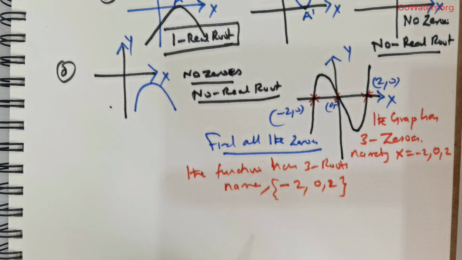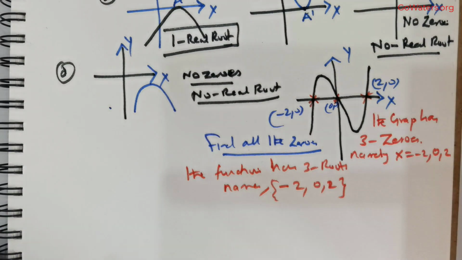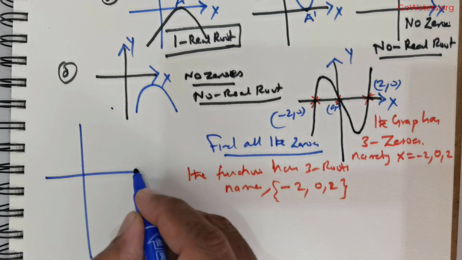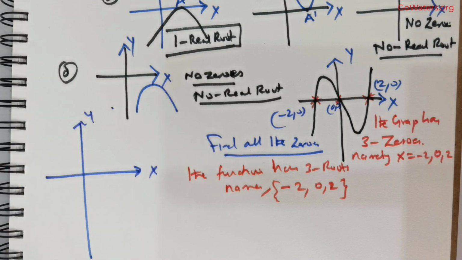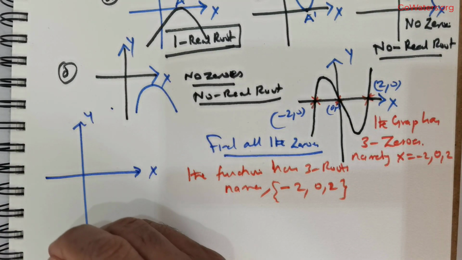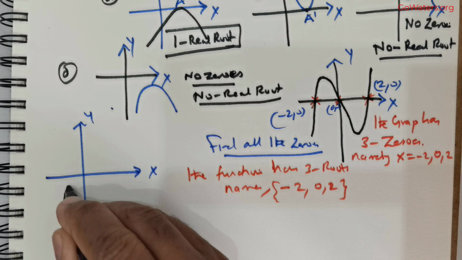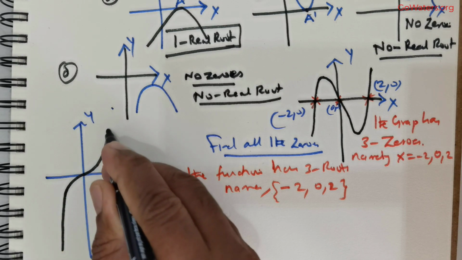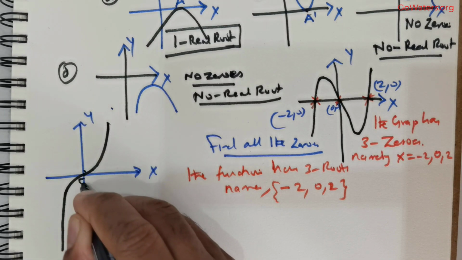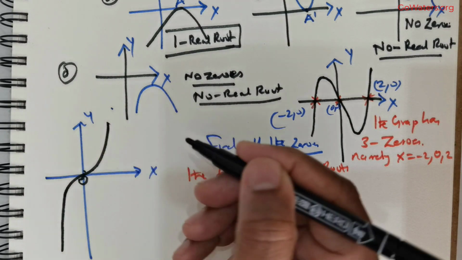So let me move on to another illustration. Suppose we have a graph like this. Let me give you this graph, x and y. The graph comes like this and hits 0 and moves up. There's only a hit at 0.